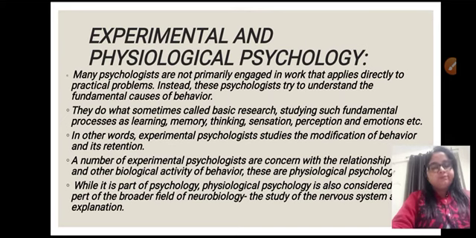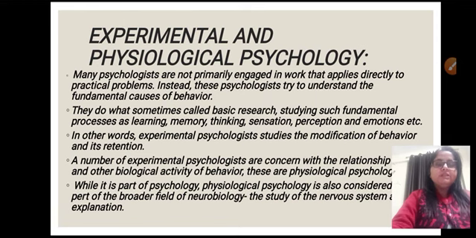And then there was a branch that is called animal and comparative psychology. In this branch, we are going to study the behavior of animals, and also we are going to do some comparison: how one human being is different from another human being, how one animal is different from another animal, how one human being is different from an animal.